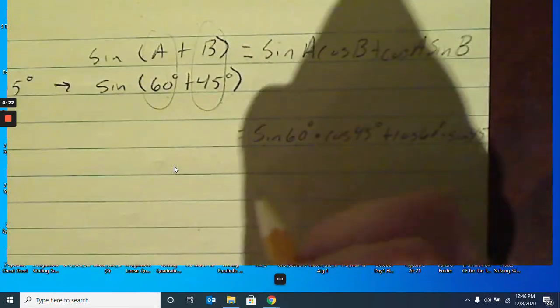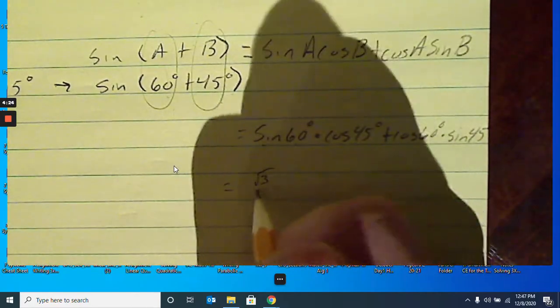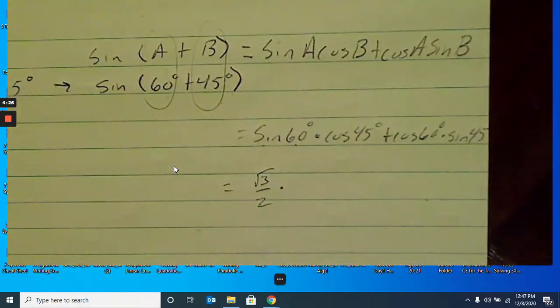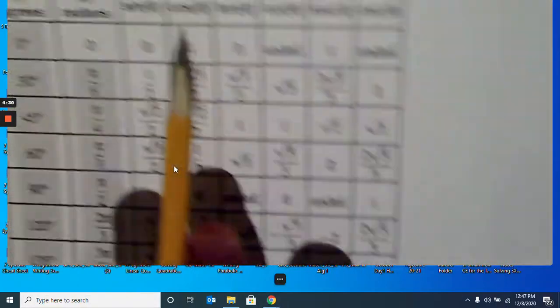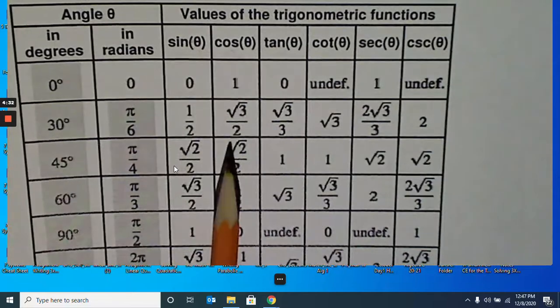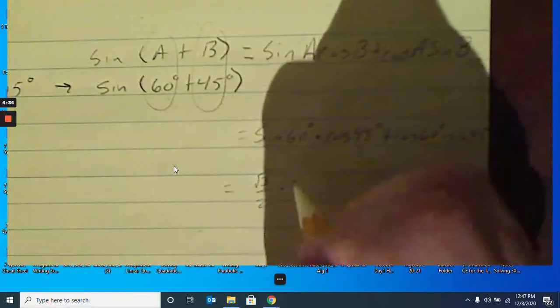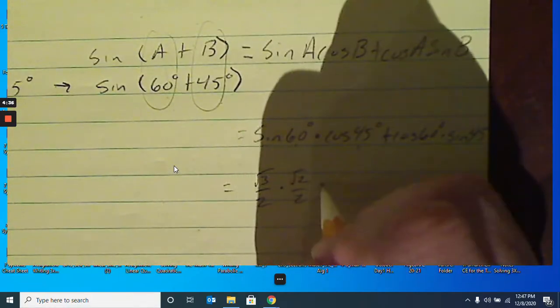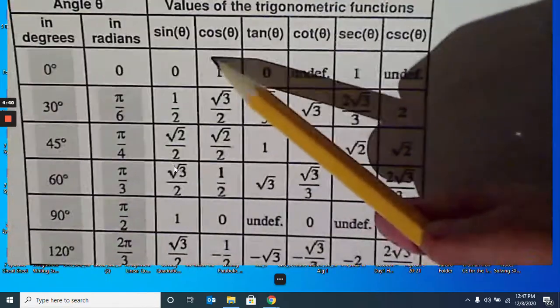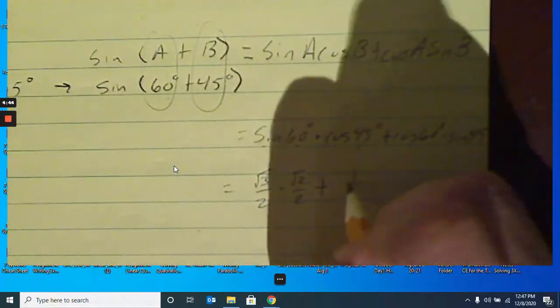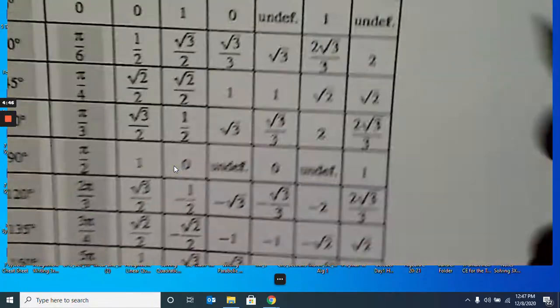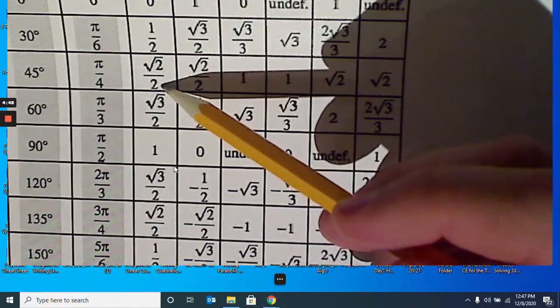So I'm going to replace this value, root 3 over 2, times the cosine of 45 degrees. Well, cosine of 45 degrees is root 2 over 2, plus cosine of 60. Cosine of 60 is 1/2 times sine of 45. Sine of 45 is root 2 over 2.